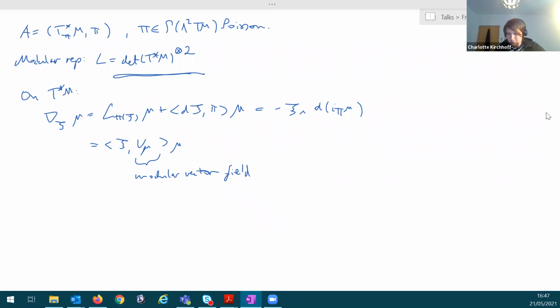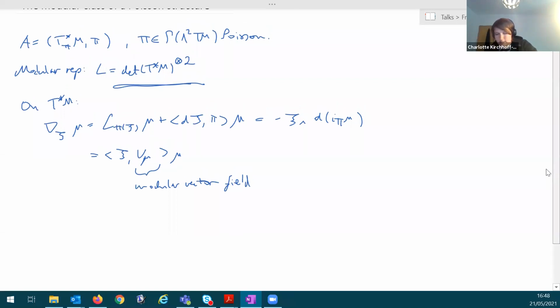And as we all know, of course, the modular vector field then defines the modular class inside the first Poisson cohomology. And this is an obstruction to the existence of a global volume form on the Poisson manifold that is invariant under Hamiltonian vector fields, which I think when you come from the perspective of Poisson geometry, that's how it's often introduced.